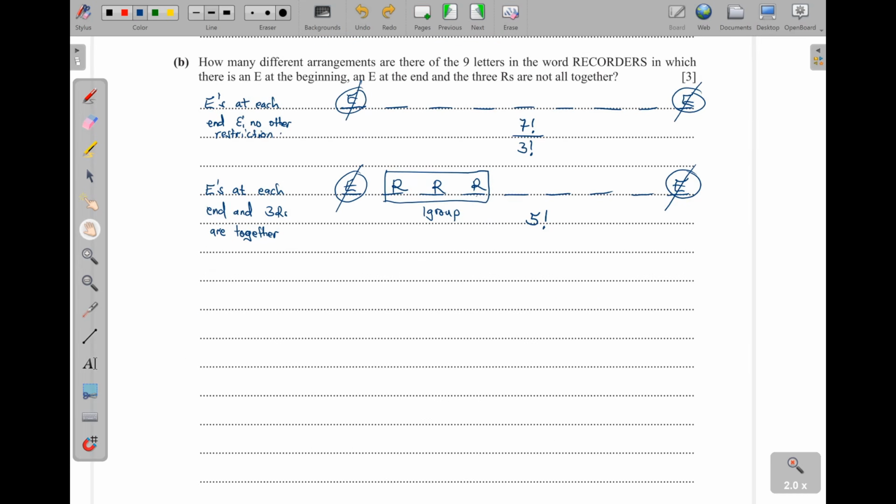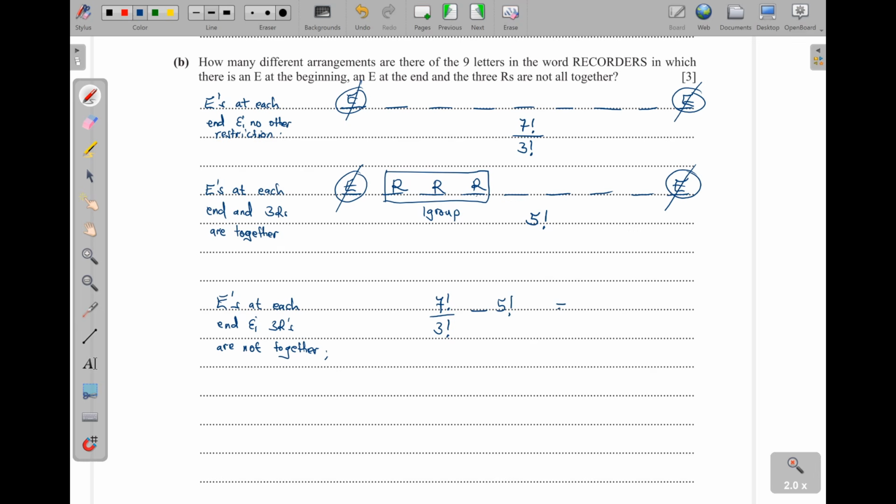Now that means when the E's are at each end and the 3 R's are not together, we shall get the other sample space we are picking from, then minus these ones when they are together.